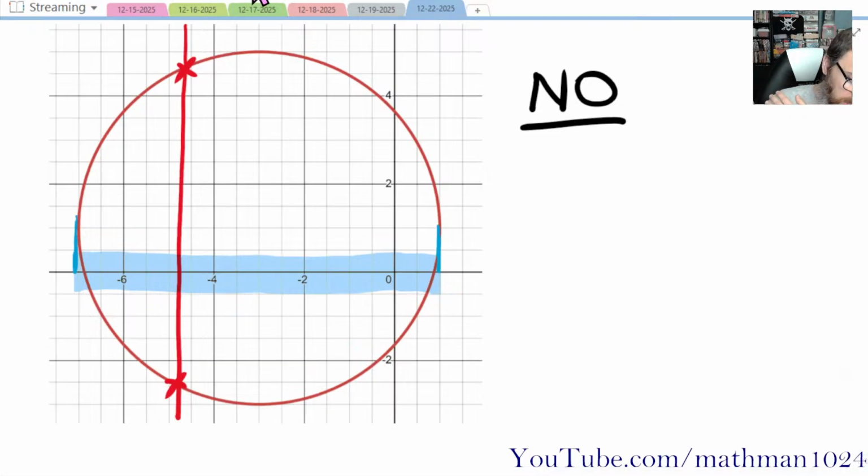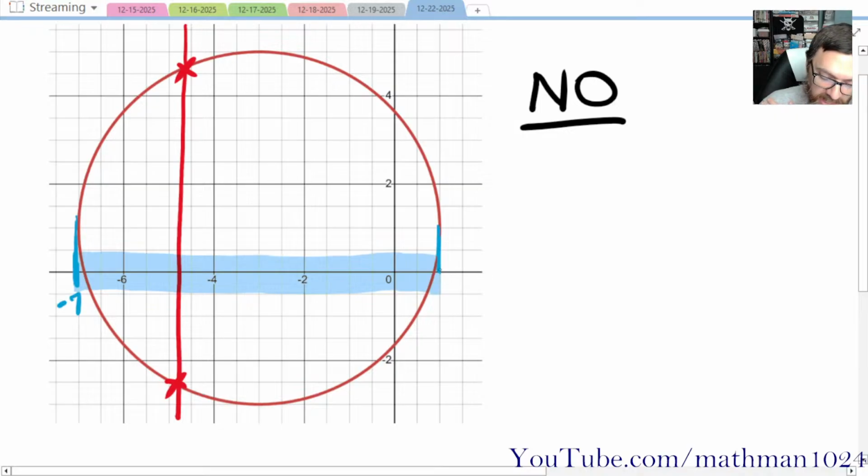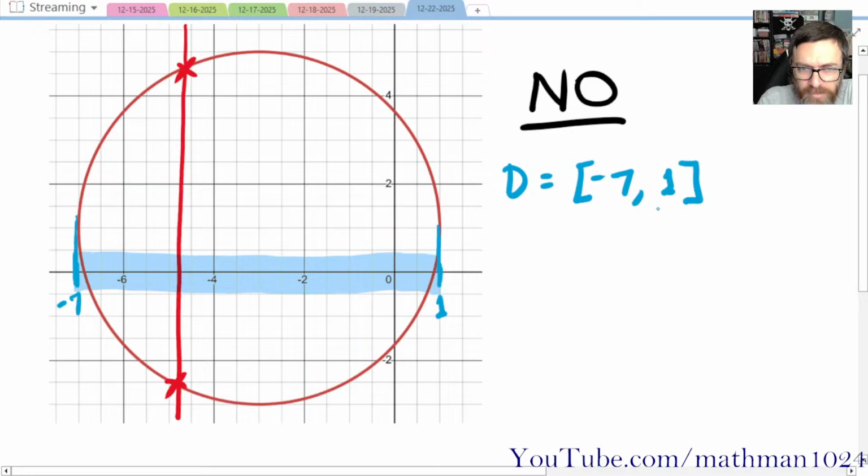All the way out here, this is when x is -7, and all the way here to the right, this is when x equals +1. So my domain will be, in interval notation, from -7 to +1, with brackets.